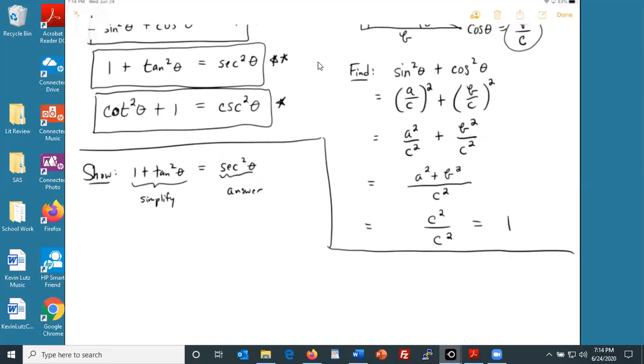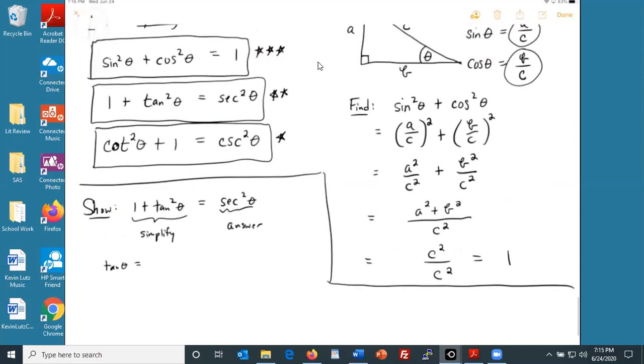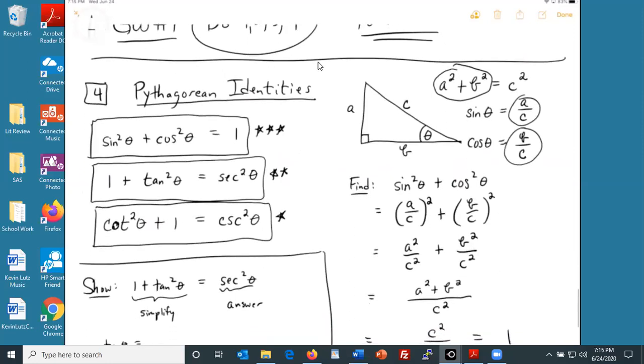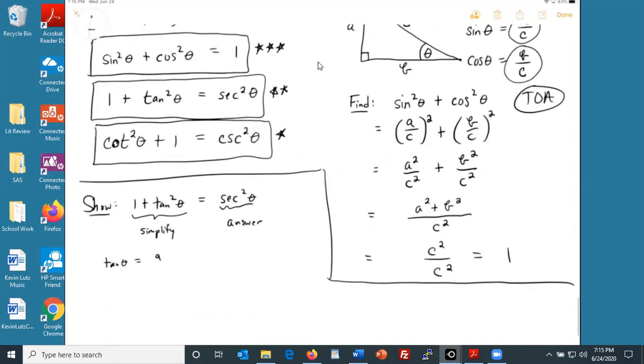All right, now from the triangle, the tangent ratio, so like up here in the triangle, the tangent, remember, is opposite over adjacent, right? So when we do SOHCAHTOA, that would be A over B, side A over side B. Now, even though I just said we're not going to do anything with the answer, it might be helpful to think about what your answer should look like from the triangle.